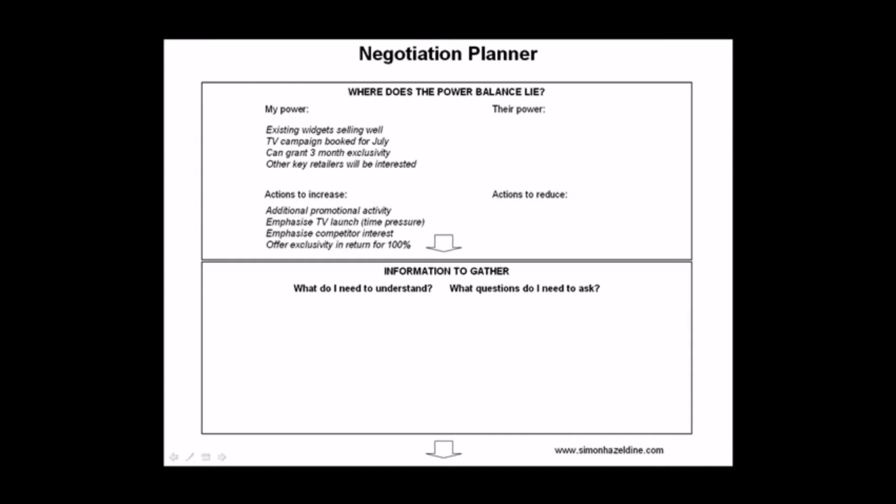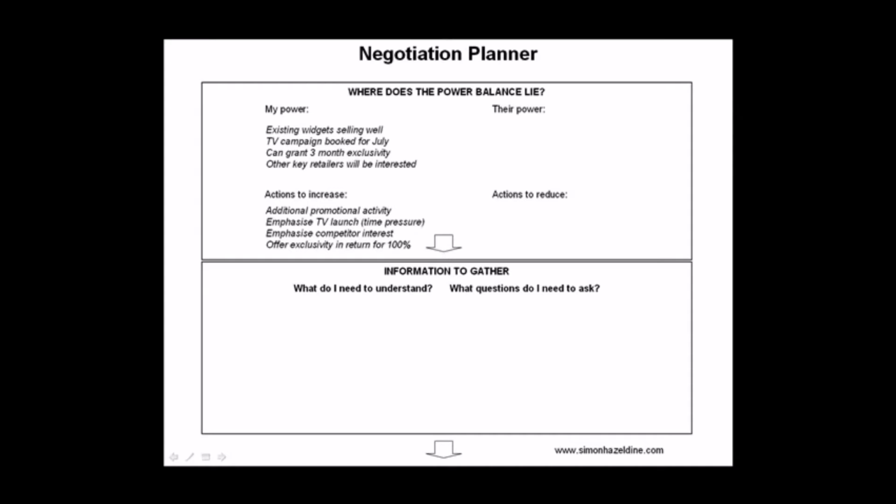So, actions to increase our power is to think about being able to offer some additional promotional activity, emphasising the TV launch, and also that it's a time-pressured situation, that we do need to get an agreement from the retailer or retailers that we're going to be working with. So they're going to need to make a fast decision about whether they want to be part of this.